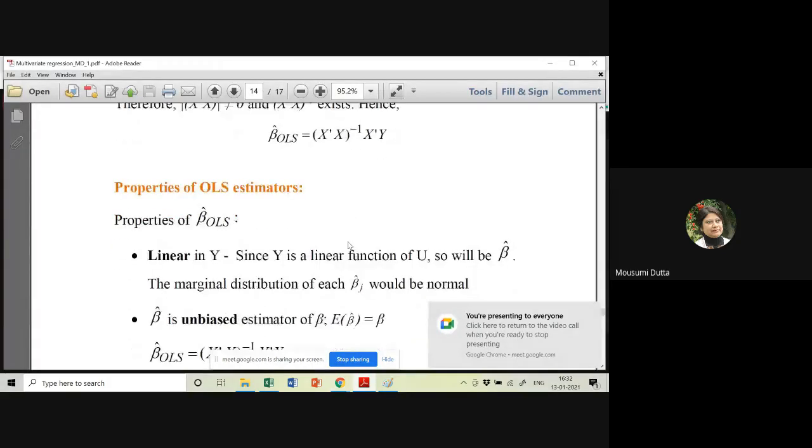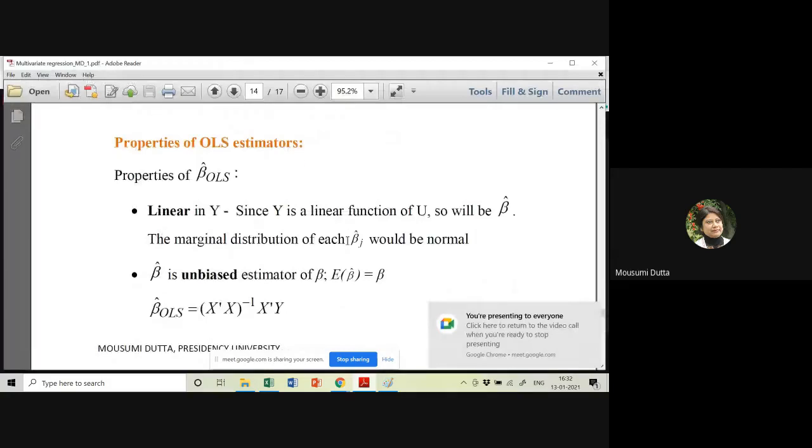If you understand the estimation part, next we are moving towards properties of OLS estimators. We bother about two properties: whether this estimated value is unbiased or not, that is, whether expectation of beta hat OLS is equal to beta or not. Here I'm talking about the entire beta hat vector and beta vector.